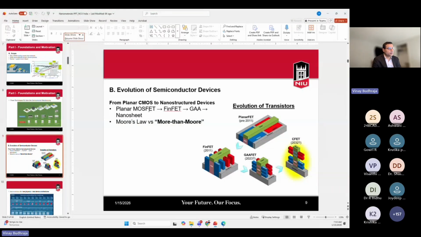In a planar MOSFET, you can see in this figure, it's a very nice figure being explained over here for the evolution of transistors.